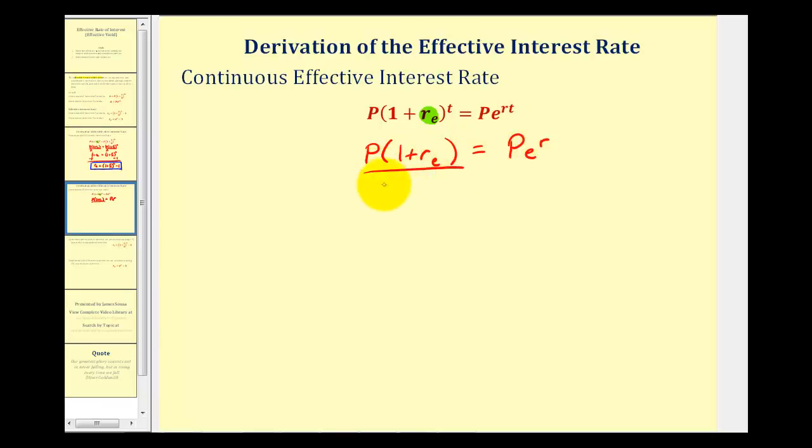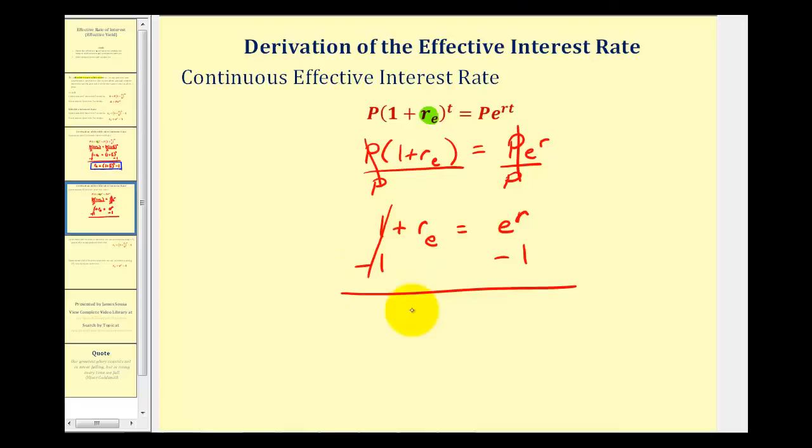Now we'll divide both sides by p. So on the left we have 1 plus r sub e is equal to e to the r. Again, subtract 1 on both sides of the equation, and we have the effective interest rate formula for continuous interest. We have e to the r minus 1.